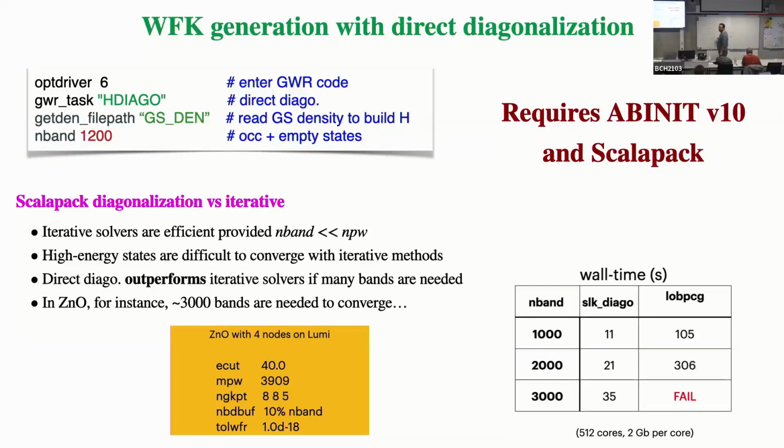So you're spending a lot of resources. And with nbdbuf, you tell it: please, when you take the maximum over bands, the maximum is essentially done from 1 up to nband minus nbdbuf. So you're just taking the maximum in this region, and you're excluding the last states, the 10%. Does it make sense? Yeah.